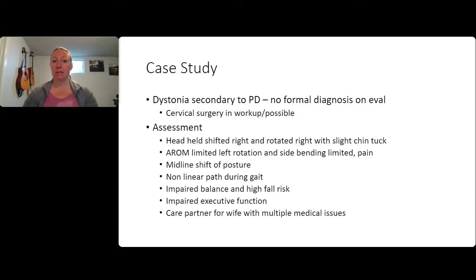He definitely held his head shifted to the right and rotated right with a slight chin tuck. He had done this for long enough prior to seeing us that he had started to develop a torticollis. So it was extremely difficult; he did not have the range of motion and flexibility to come back to midline. His perception had also shifted.